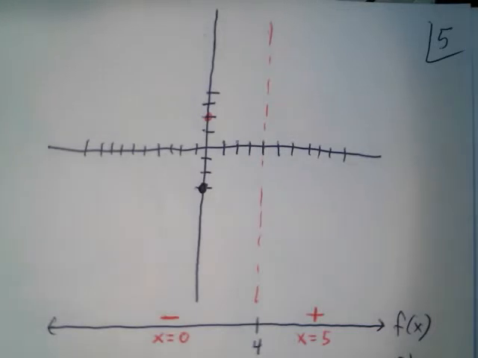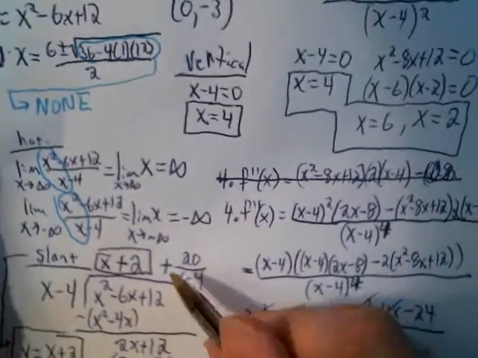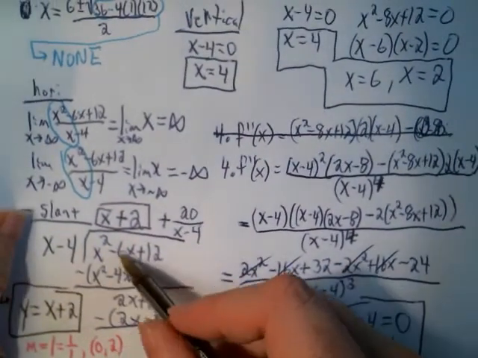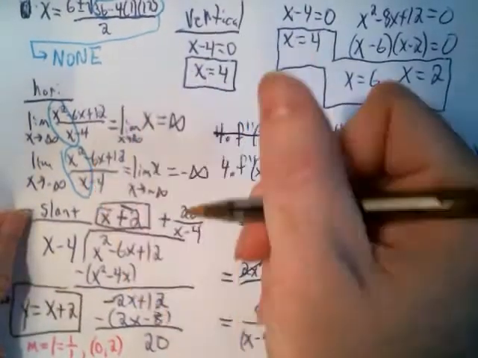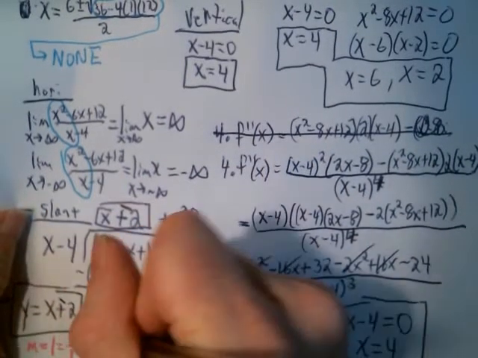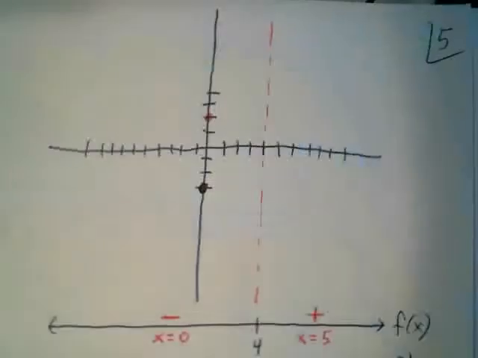I see a mistake in my notes. I'm sorry. Right here, when I multiplied and got -6x plus 4x is -2x. So this should be -2. Sorry about that. And then this y-intercept will be -2.